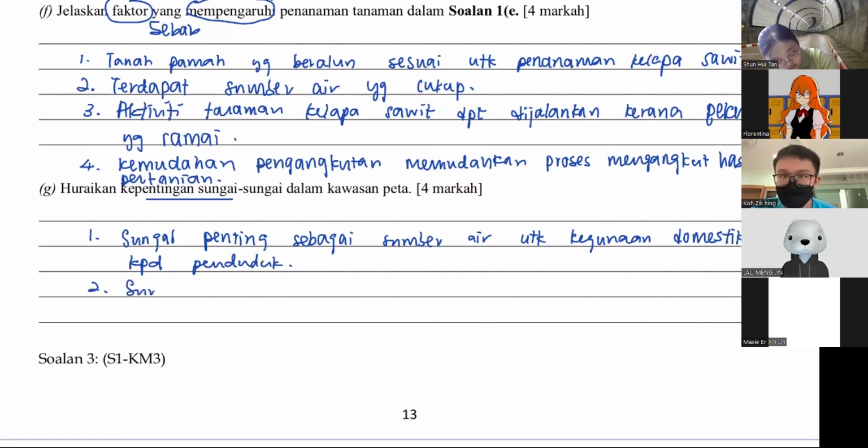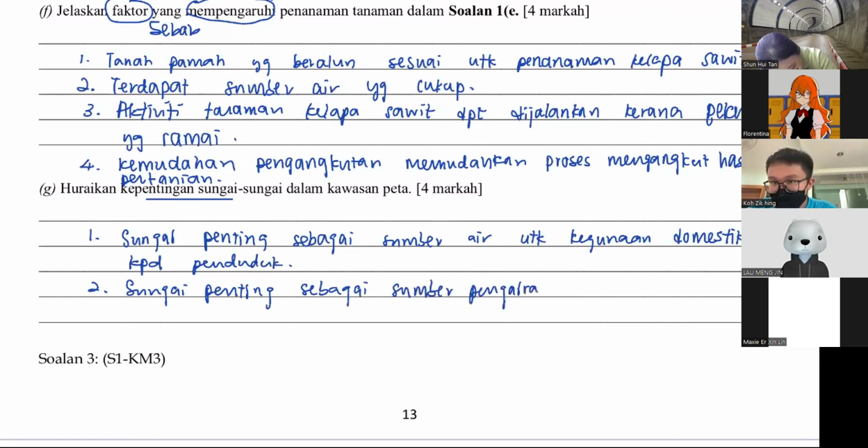So you can also tell us sungai penting sebagai sumber pengairan, watering system. Okay, pengairan. Now, so you can say it, for example, tali air dibina. Or if you don't want to use tali air, you can use terusan. It's the same thing. Means the canal.